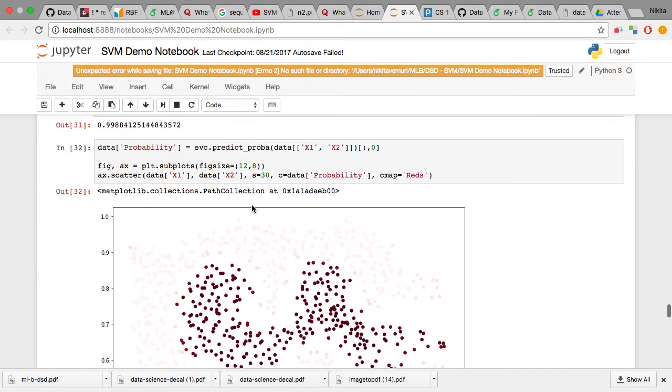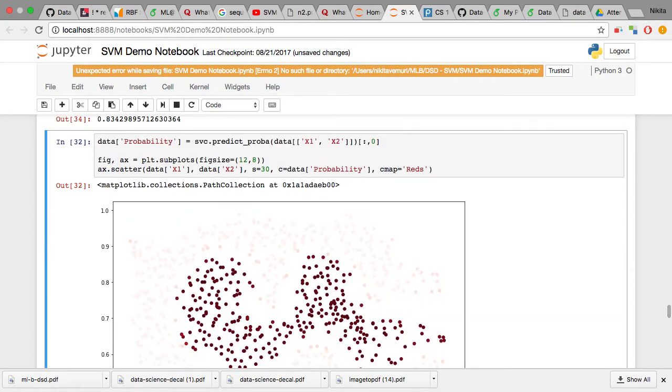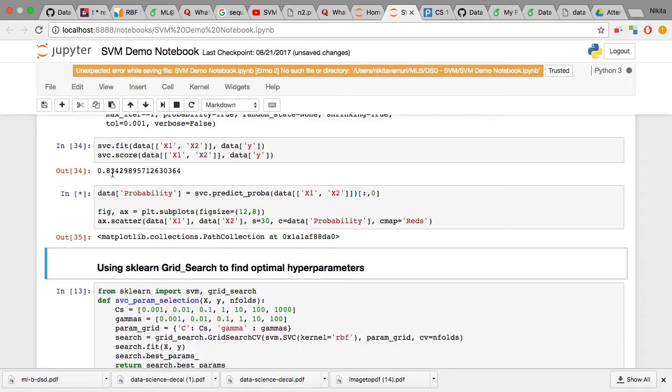Whereas if you made gamma a lower number, like 1, that means the variance is much higher, so you have a much flatter Gaussian model, and overall it's going to do a lot more averaging, right? When you run this, you can see the score dropped from some 90% to 83%.